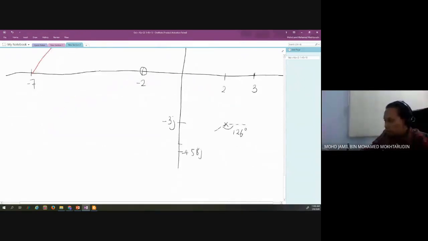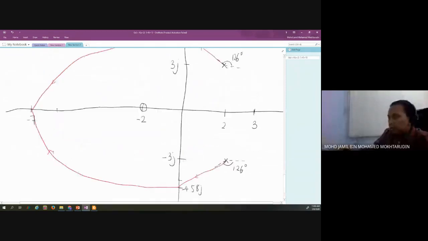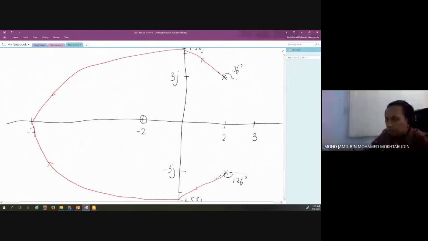So same for the bottom pole. Cross, and then go to the breaking point. And then one of the branches will go to the -2. Another branch will go to infinity. Okay, so this is the root locus.